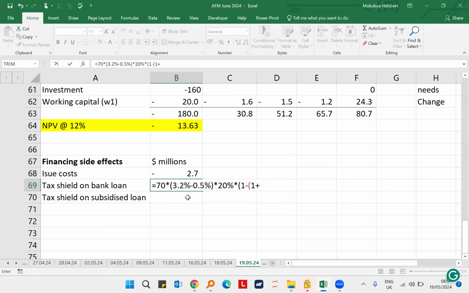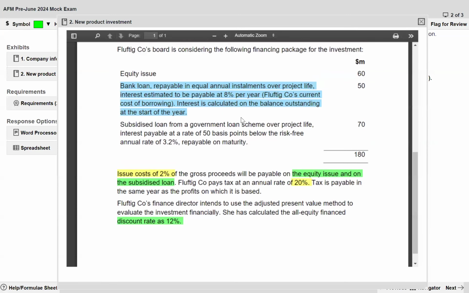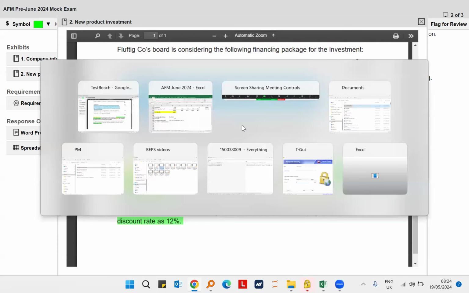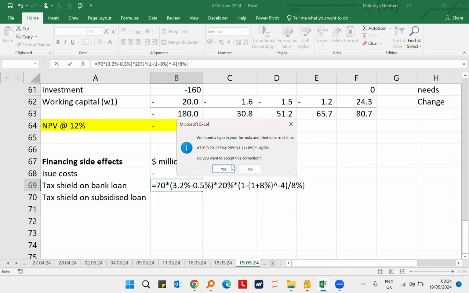And normally, what rate do we use? We use the normal borrowing rate. And what's the normal borrowing rate? 8%. So 8% power minus 4, divided by 8%. So hoping that I've used the brackets very well. So let's see.